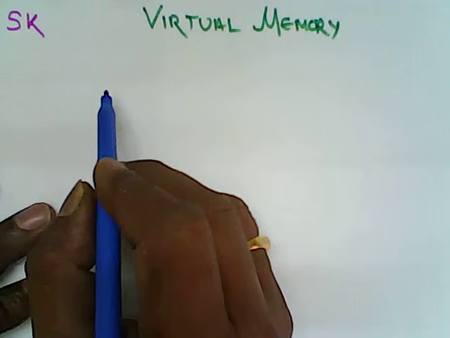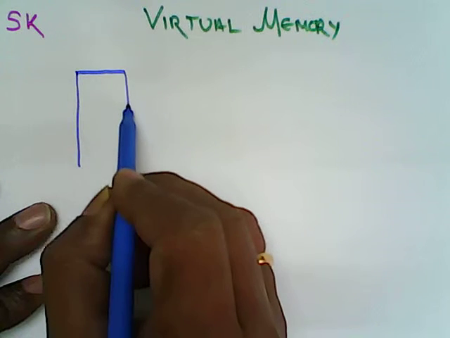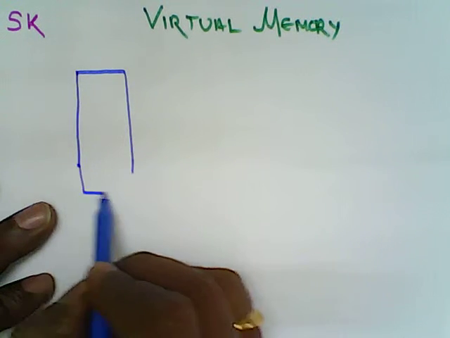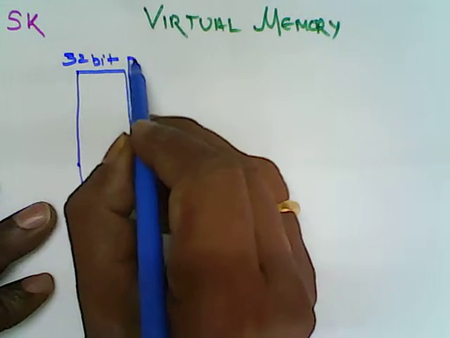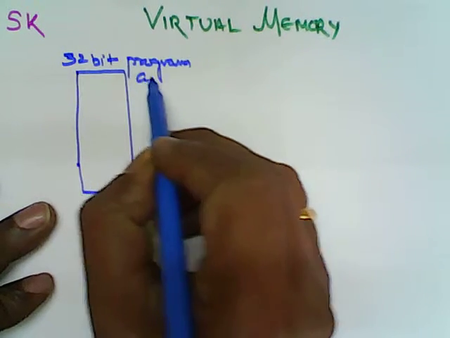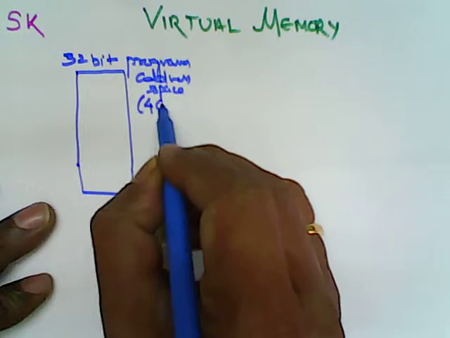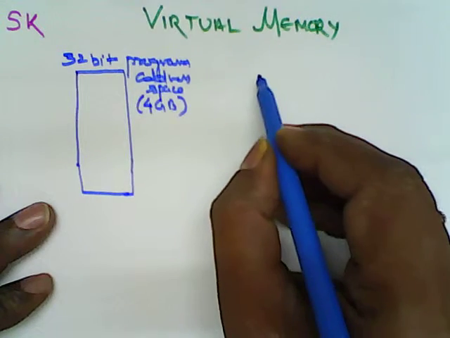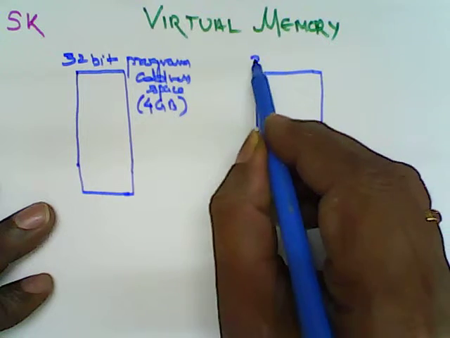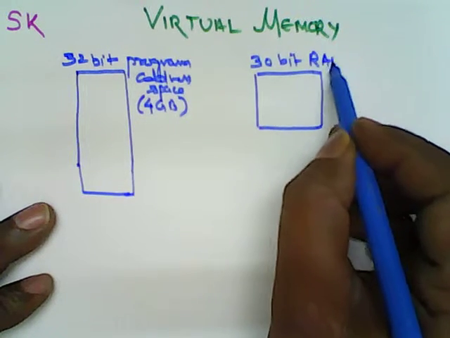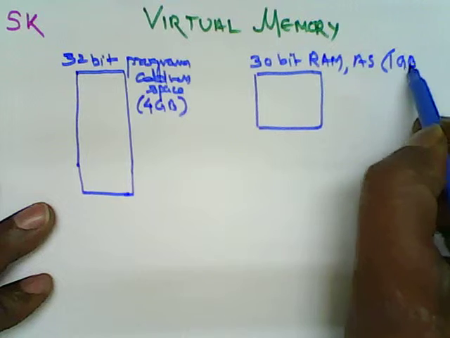Assume that you have a CPU with a 32-bit program address space of 4 GB, and there is a RAM inside that computer, which is a 30-bit RAM, with an address space of 1 GB.